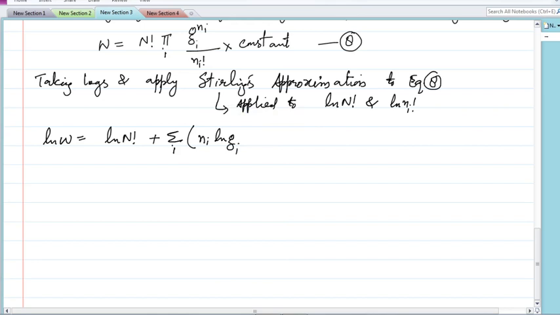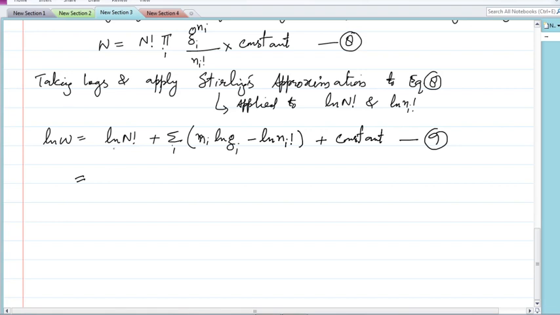So this is in division, it will be log of m upon log of n, that means log m minus log n. So it will be minus here minus ln of ni factorial plus simply constant. So this is our equation number 9. This can be now further solved by using the Stirling approximation.